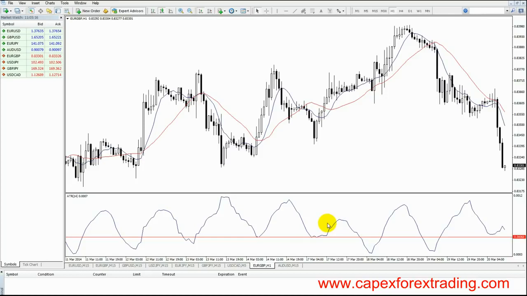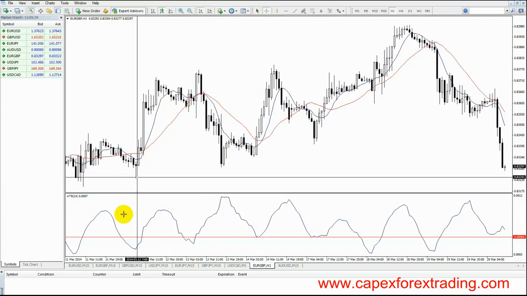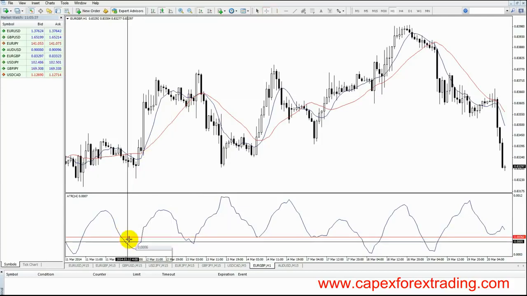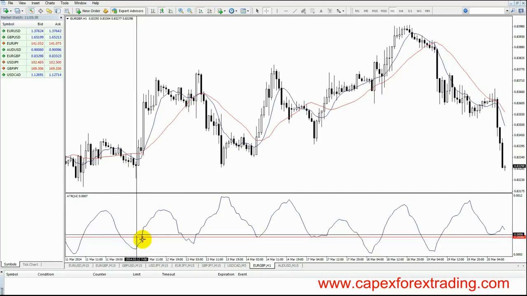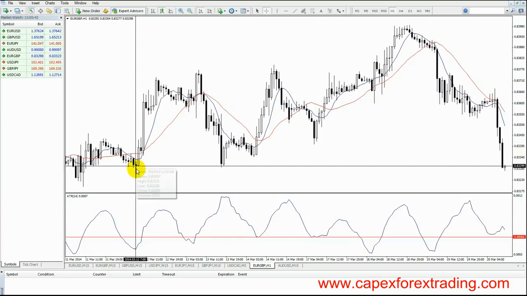Now, you don't have to use that reading. What you can do is have a look at historically where the trends have begun and ended, and then associate the dips or touches below the horizontal line with the beginnings of these trends. As you can see here, we have this area where the indicator has dipped below a horizontal line, but we also have a beginning of a new trend in the price chart here.